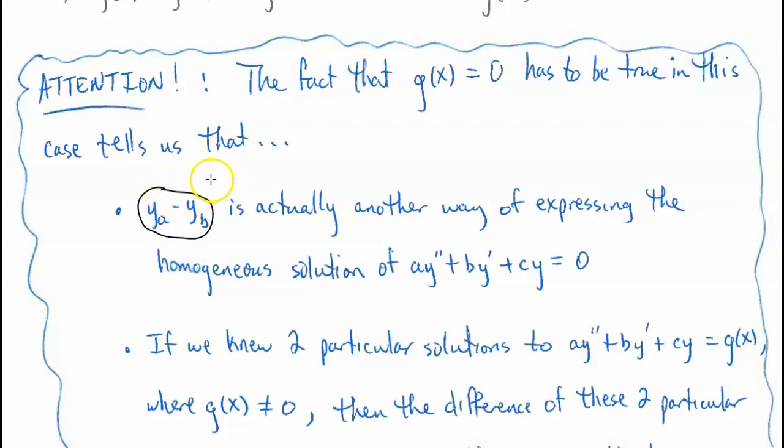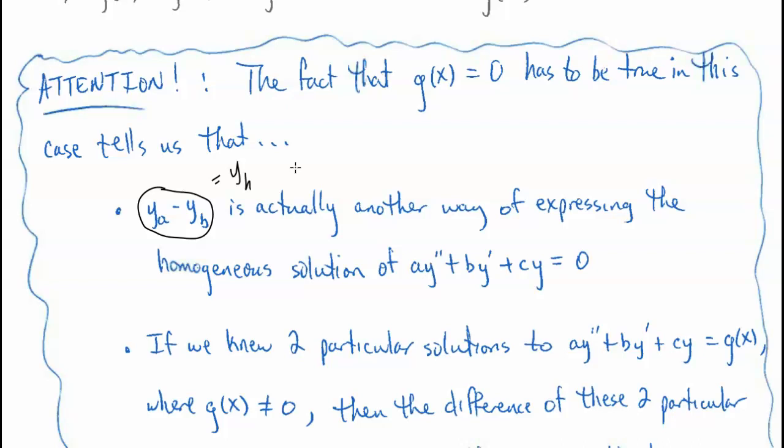So that means that if I take the difference of these two things, and I'm just going to use y sub h here, that's going to act like a homogeneous solution, meaning it's going to act like one of those functions that would actually be a part of a basis of a second order linear homogeneous equation, okay?